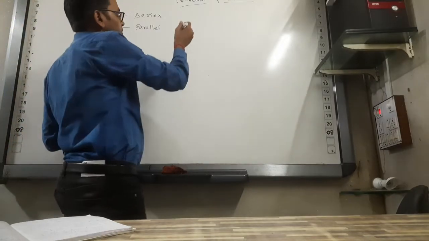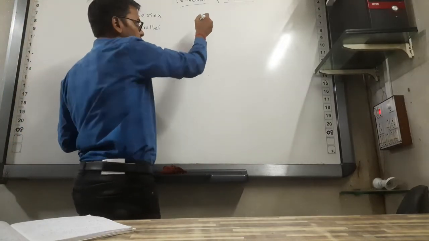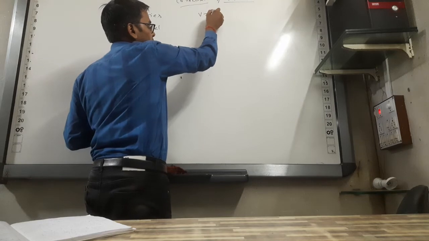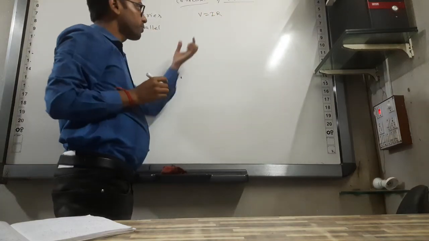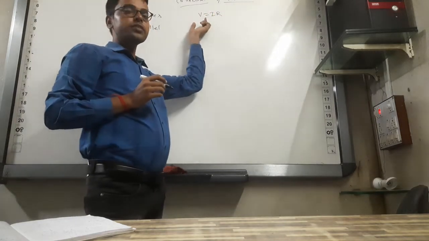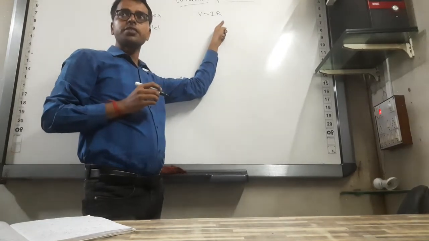Series combination. As we know, from Ohm's law, V equals IR, where V is potential difference, I is current and R is resistance.